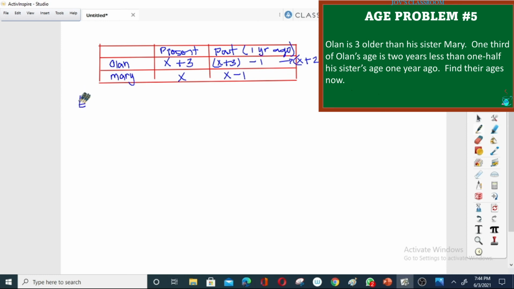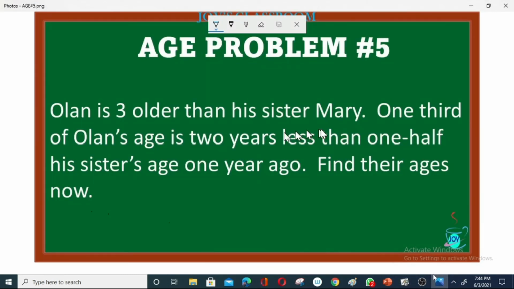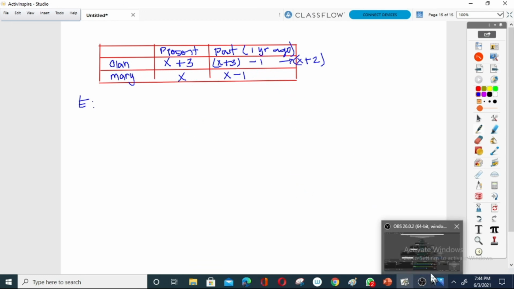And the equation, let us derive. 1/3 of Olan's age is 2 years less than 1/2 the age of his sister 1 year ago. So Olan's age is x plus 2.